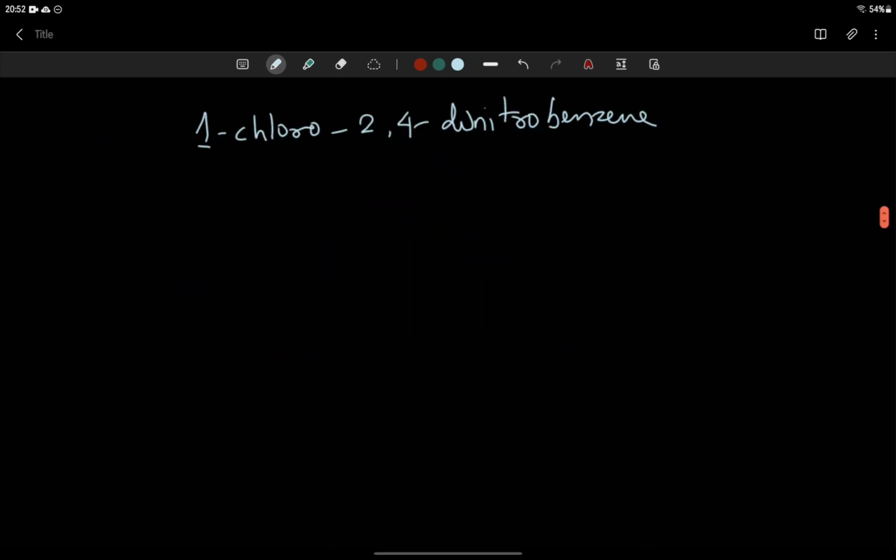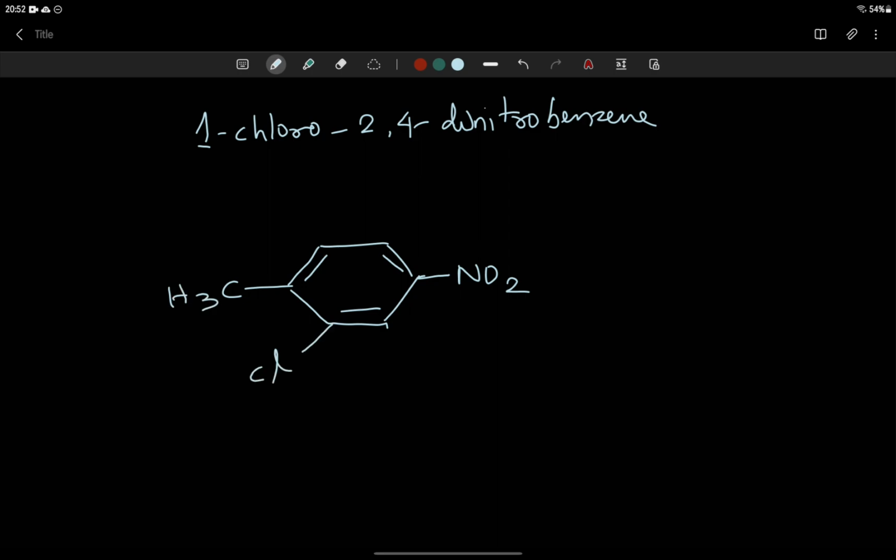So again like this, this is another example: NO2, here a methyl group is present and here chlorine is present. Now again here we have to number the carbon atoms in such a manner that the substituents get the lowest possible numbers, and the substituents should be named alphabetically.